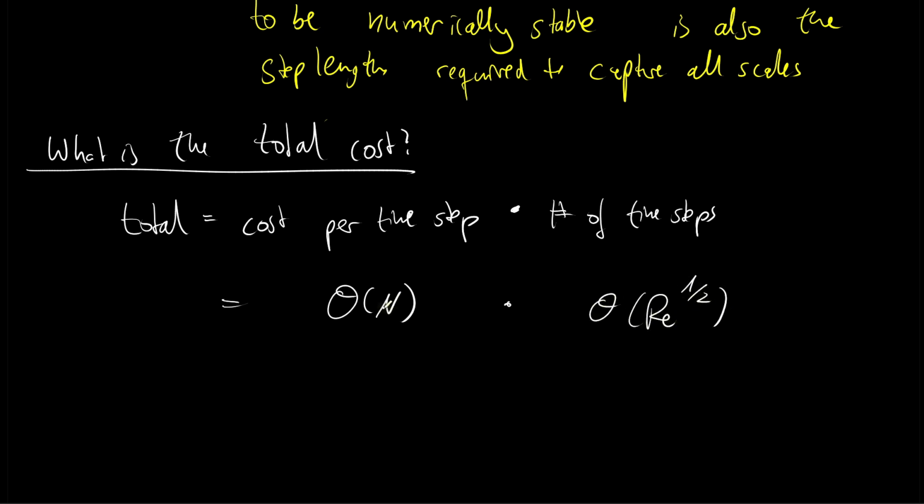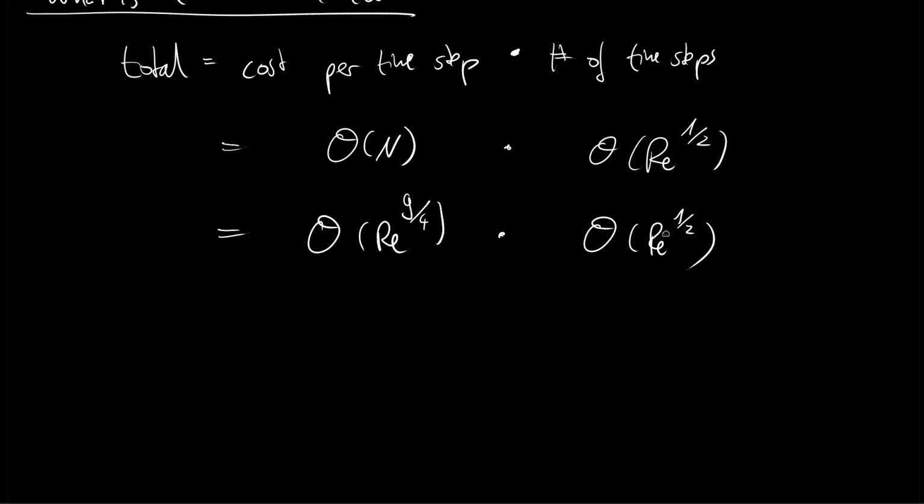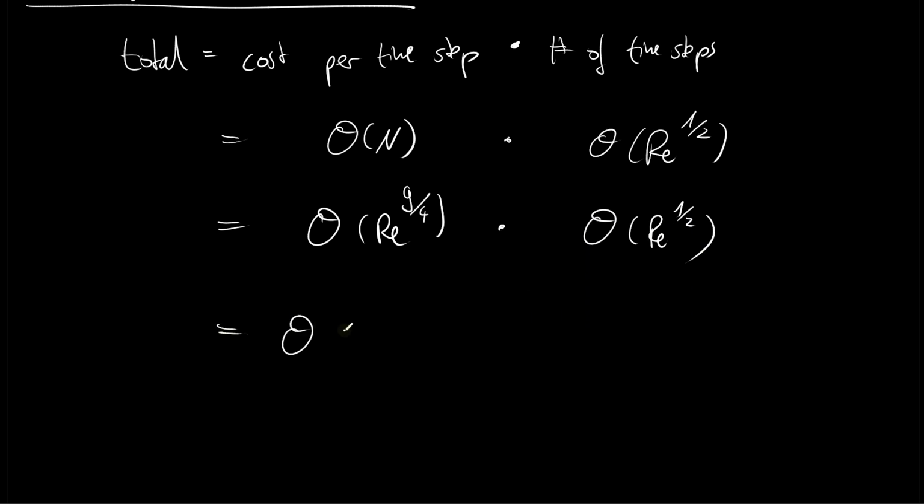And then let's just replace what was the order of the number of degrees of freedom. This was nothing else than in the order of the Reynolds number 9/4 multiplied by the order of the Reynolds number to the 1/2. And let's just add these two exponents together, and then we're getting this is in the order of the Reynolds number 11/4.